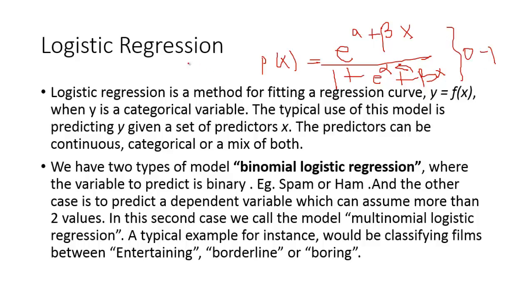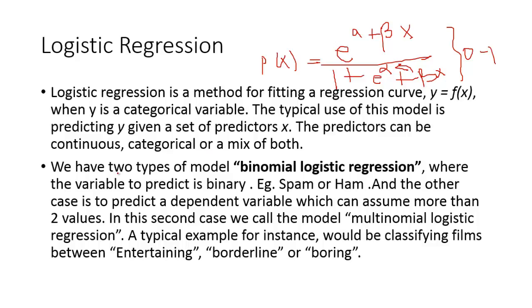So this logistic regression as a whole can be good for binomial classification, as well as multinomial classification, whereas linear regression was only good for binomial classification and turns bad in the case of multinomial classifications.